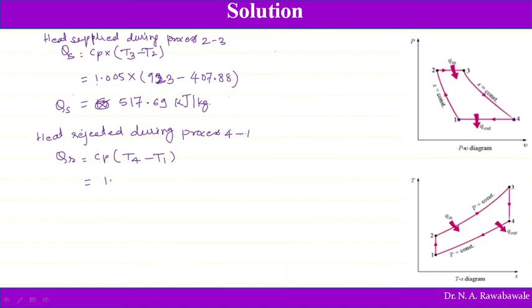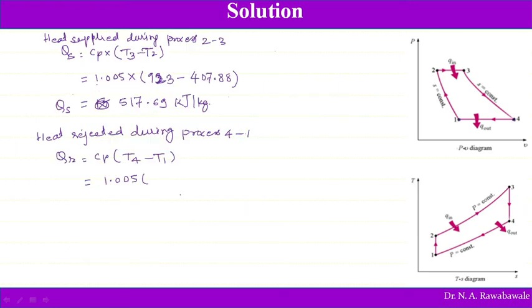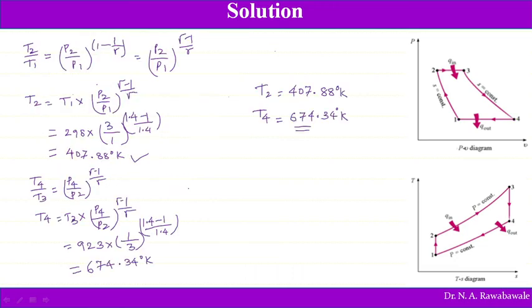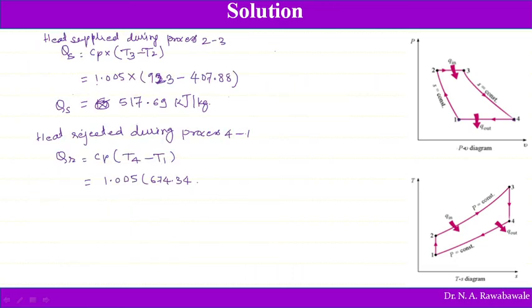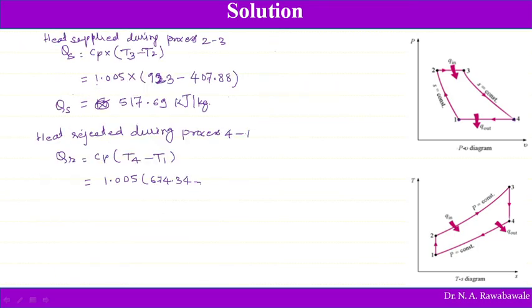Cp value is 1.005. T4, temperature at point 4, just we have calculated as 674.34 degree Kelvin, minus T1, temperature T1 is 298 degree Kelvin.